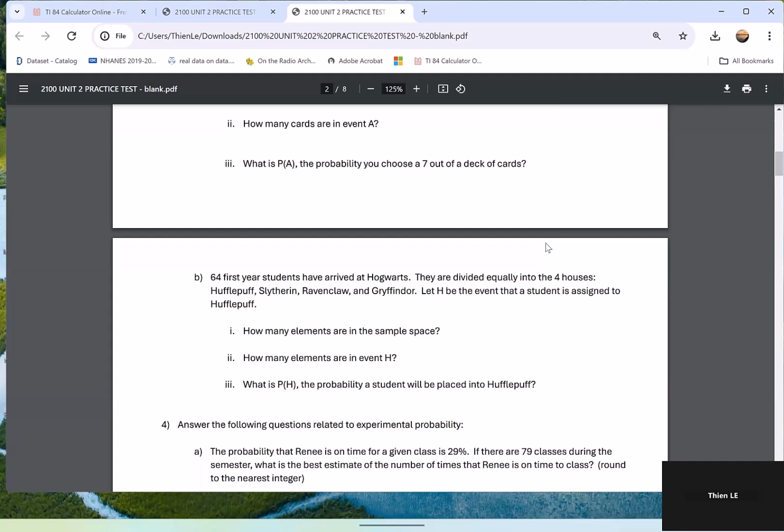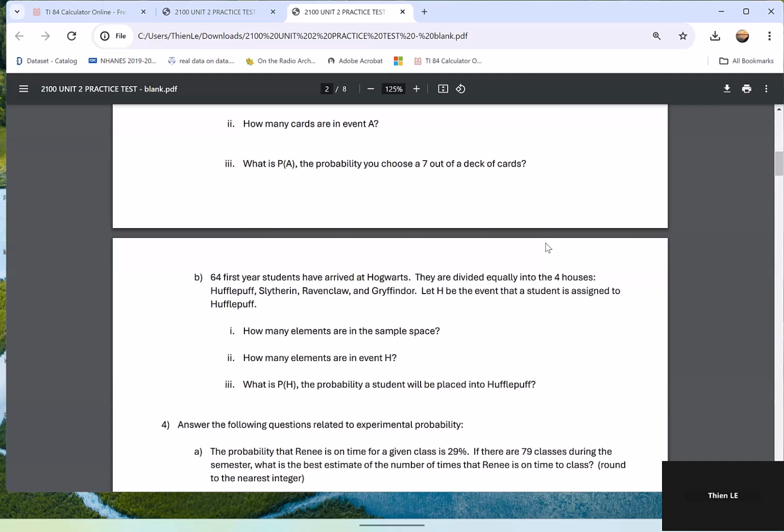How many? So in this case, the sample space is, let's say, that a student is assigned to Hufflepuff. So basically, in this case, how many elements are in the sample space?